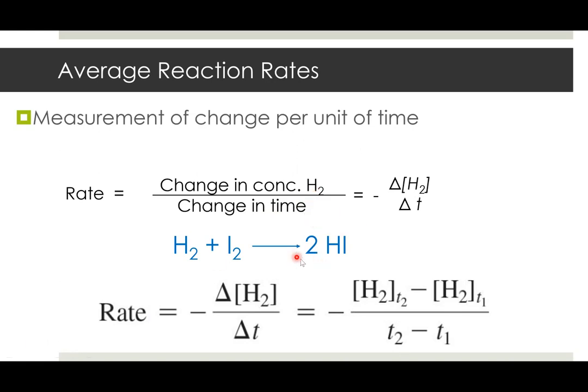Well, we need to consider these stoichiometric coefficients, right? So the fact that we're using one molecule of hydrogen, one molecule of iodine, and we're creating two molecules of this hydroiodic acid. Okay, so we need to recognize these stoichiometric coefficients. So the way that we're going to recognize them is the following.